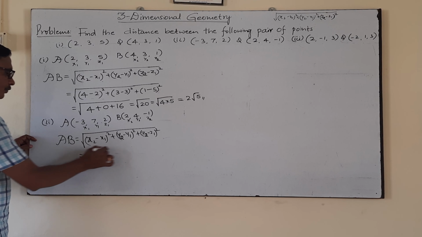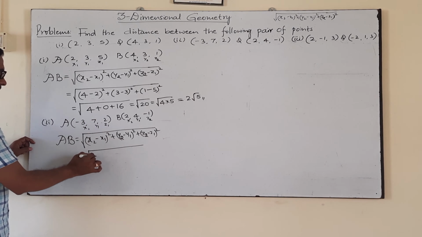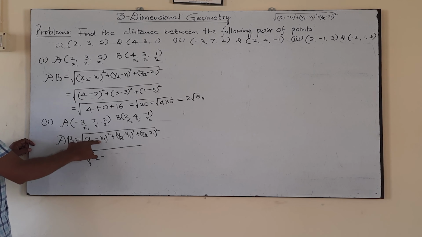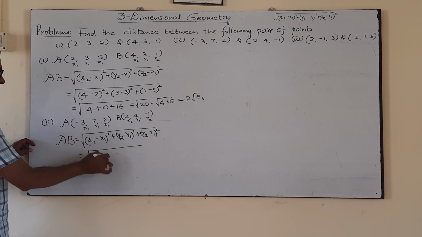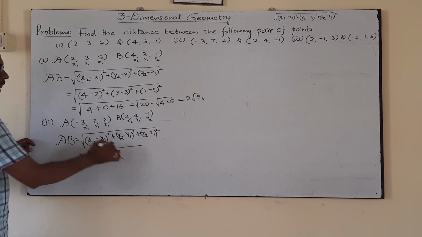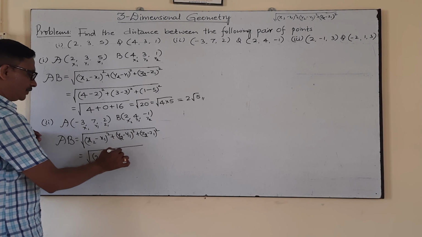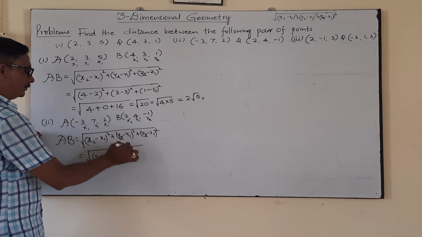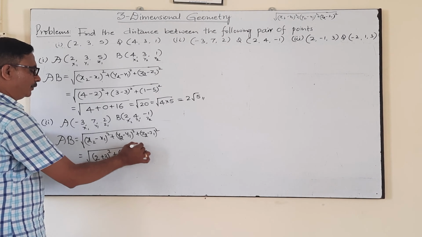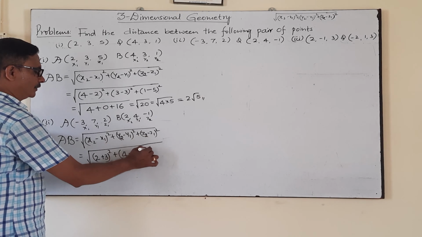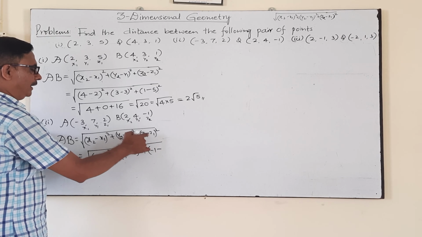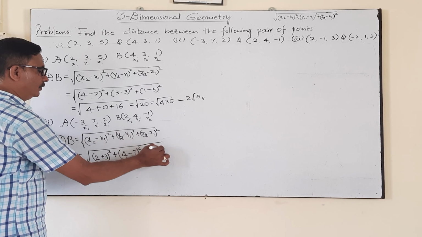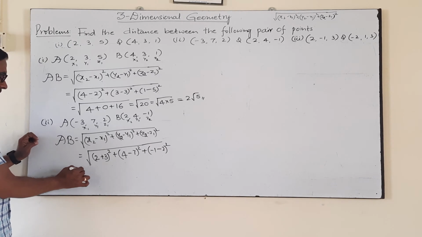That is root of x2 minus x1: x2 is 2, minus x1 is minus 3, minus into minus plus 3, to the power of 2. Correct? y2 4 minus y1 is 7, to the power of 2, plus z2 value minus 1 minus z1 is 2, to the power of 2.